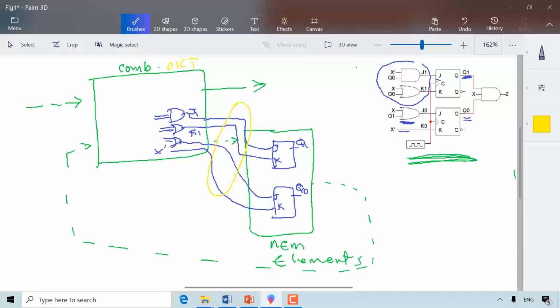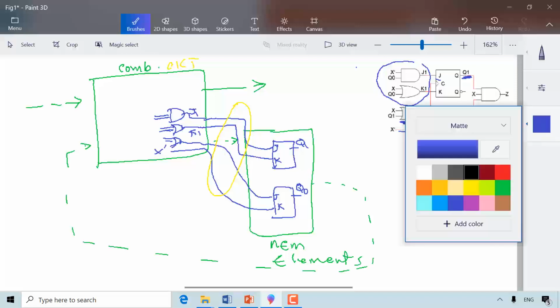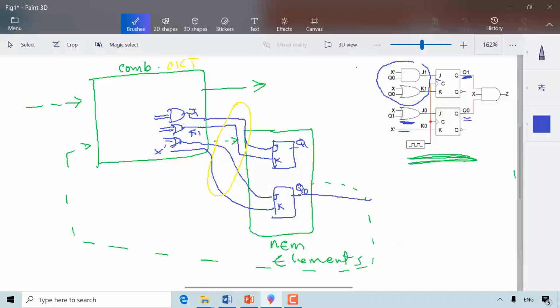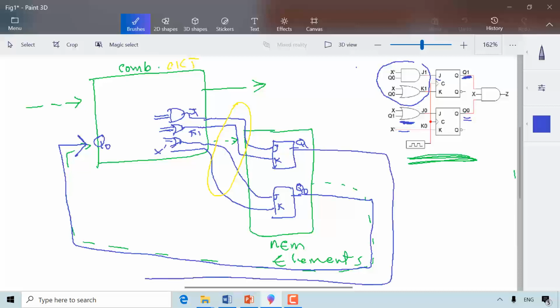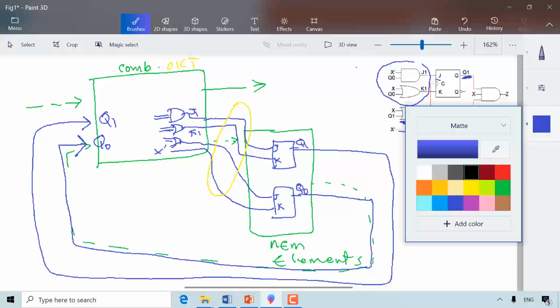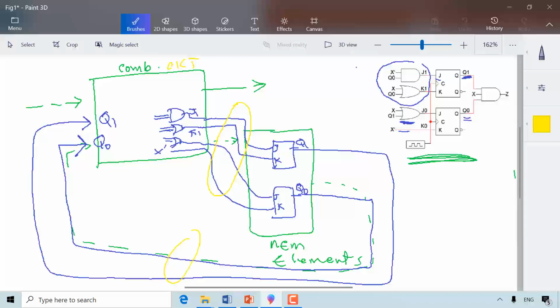Now let's continue. The output of the flip-flops, Q0, comes in here, goes back and becomes an input here. Also, the output Q1 comes in from here and goes back. So Q1 and Q0 are feeding back. This is my feedback going back to the combinational circuit, and you can see that I use some of the Q1s and Q0s for this circuit.